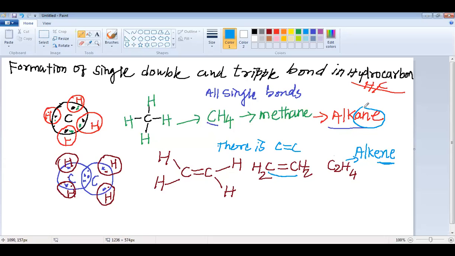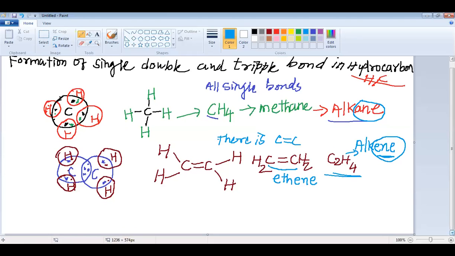Alkane has got Ane, double bond has got Ene, and that is why this compound is named ethene. E-T-H-E-N-E.